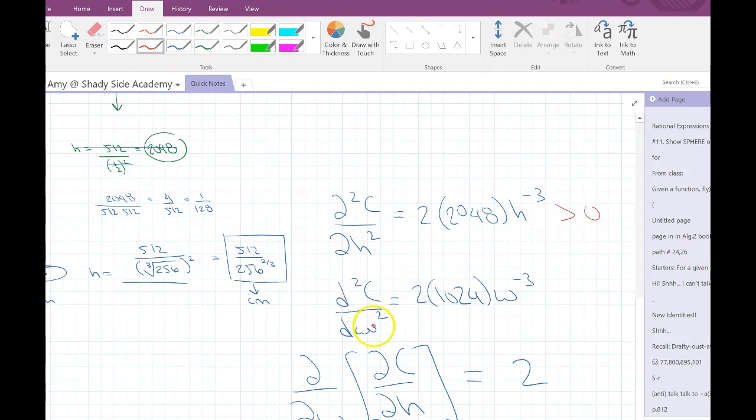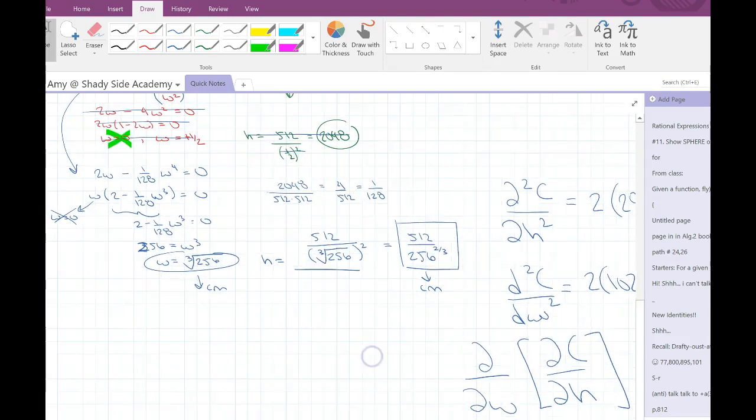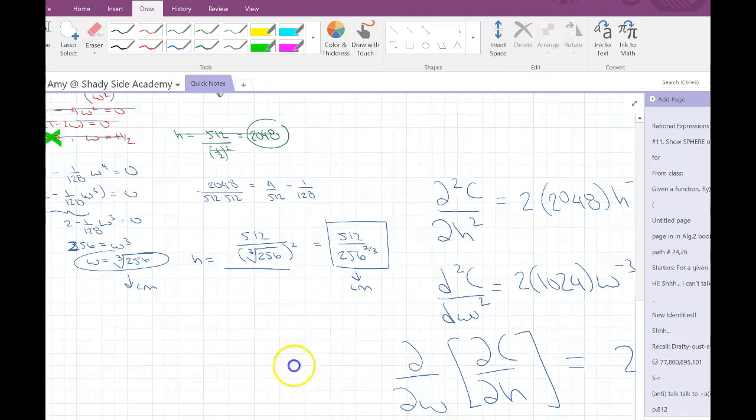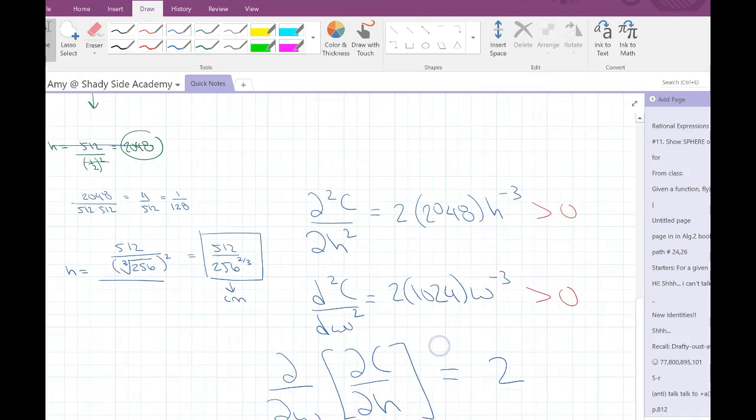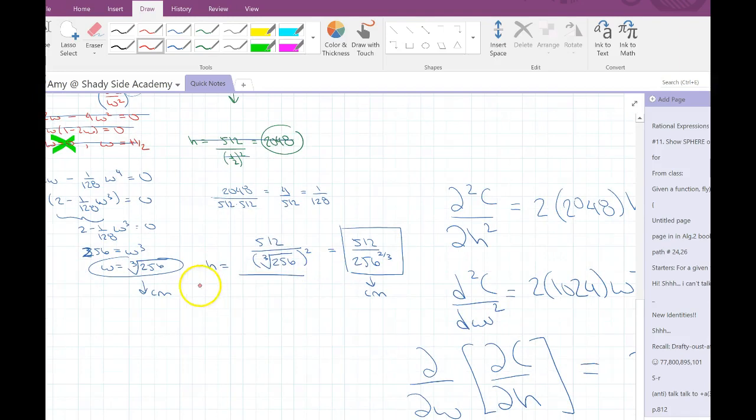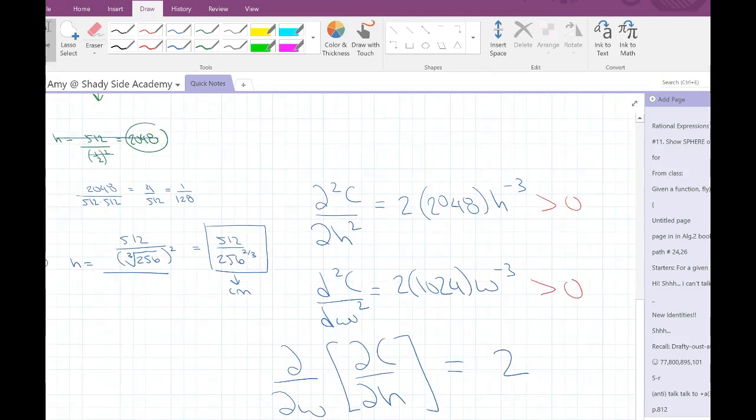Similarly, d squared C by dw squared is also going to be positive. So the cost function is concave up in the h direction and concave up in the w direction, which reinforces the idea that I'm likely looking at a min here. All indications are good that this point is a min, correct?